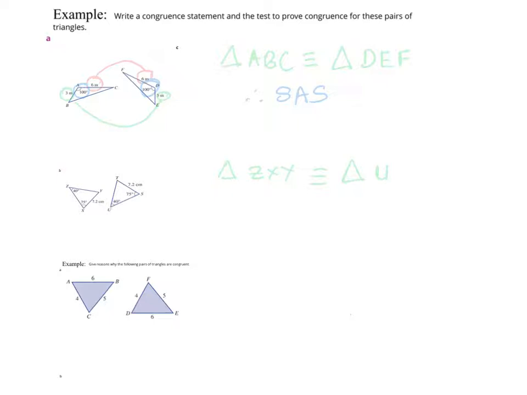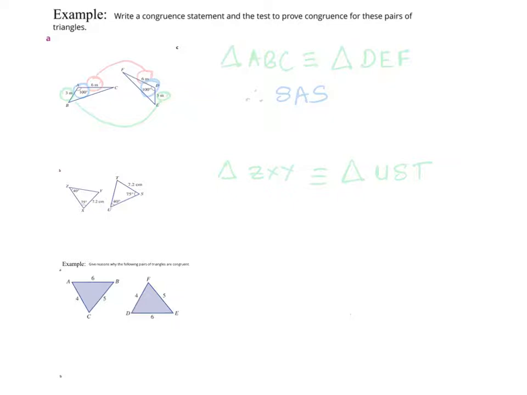And then we can also see that S has got the 75, which was the X in the first one, so it goes U, S, T. Triangle SXY is congruent to triangle UST. Remember, order is important. That's my congruence statement.